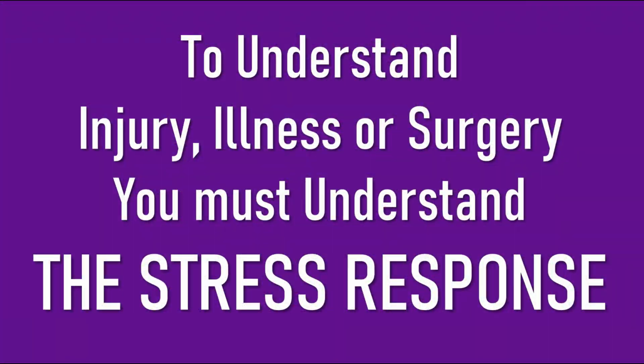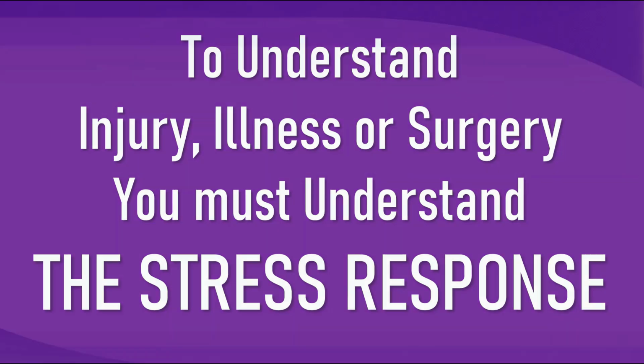To understand injury, illness, or what happens after surgery starts, you really must understand the stress response. If you're a clinician working in perioperative medicine, critical care, or emergency medicine, the stress response rules everything that happens to the patient.